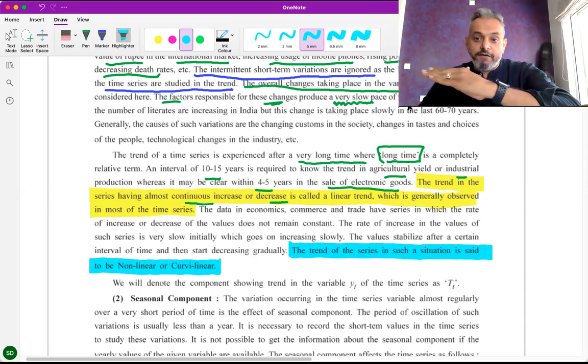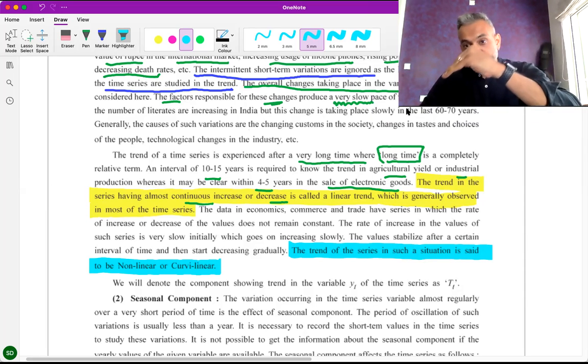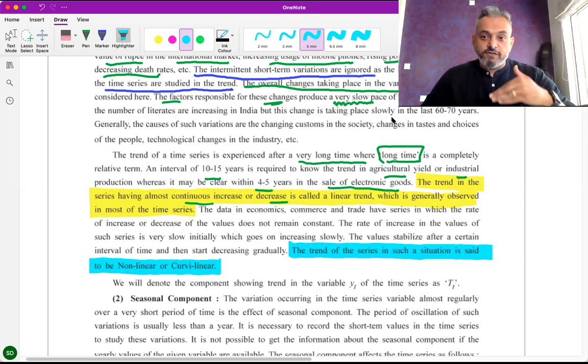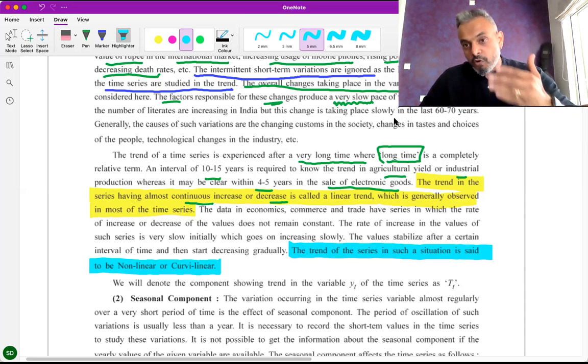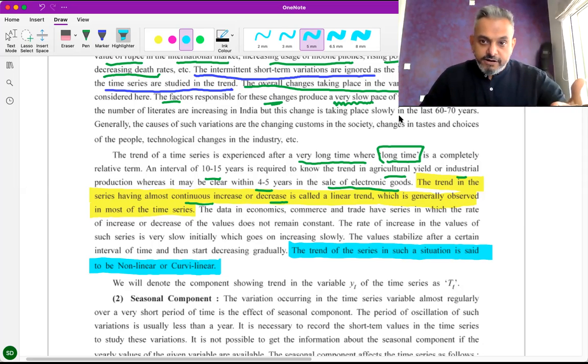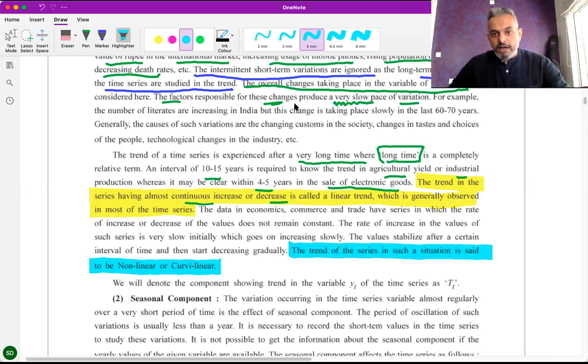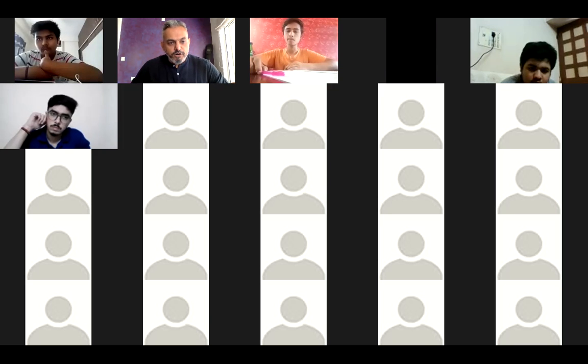Now we have to see how it is going to move over a longer period of time, whether it is increasing or further falling. Chances of further falling are more likely than increasing because lots of competition is there. So I hope you got an idea about what a long-term fluctuation is. Did everyone understand what long-term fluctuation is?